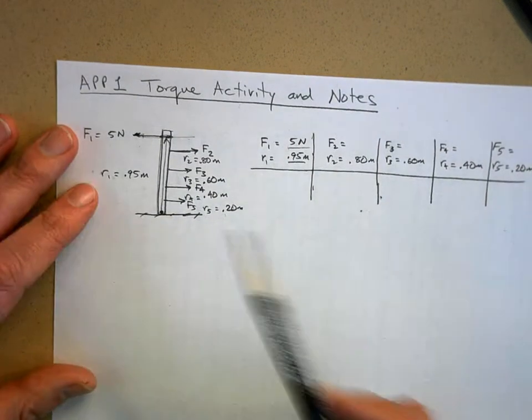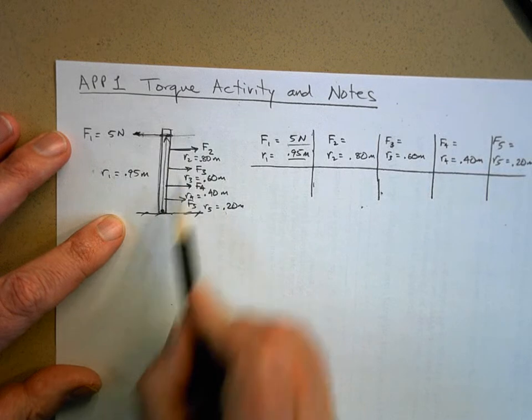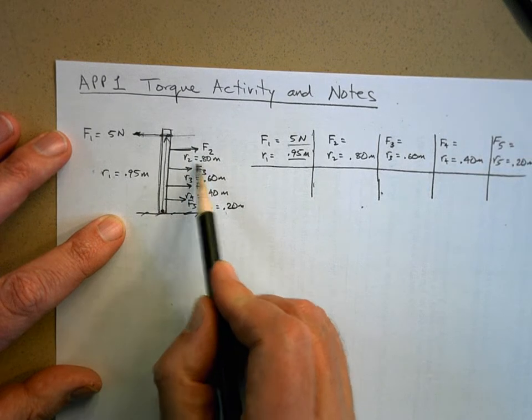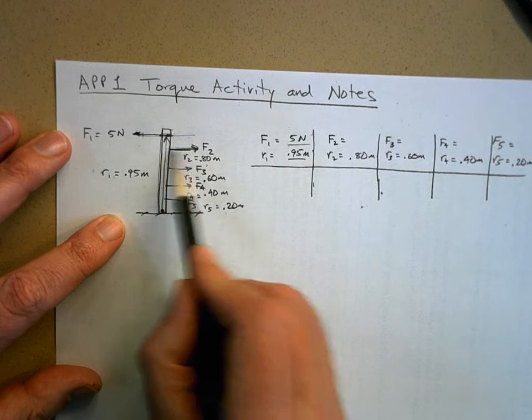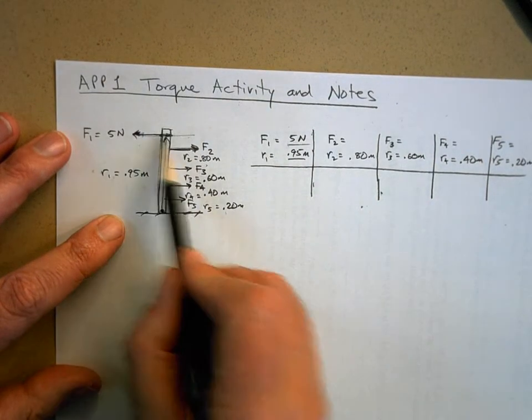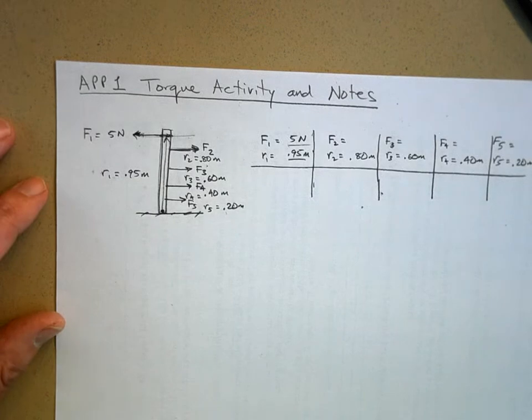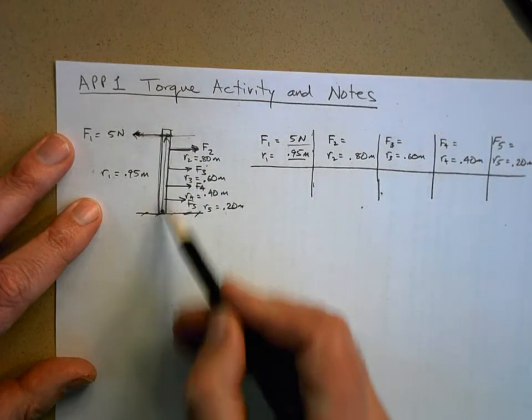And so this is what we did. We applied a force, F2, at 80 centimeters or 0.8 meters, to the right. We pulled this to the right, holding this to the left, and we measured the force. And then we slipped that down to what we called R3.